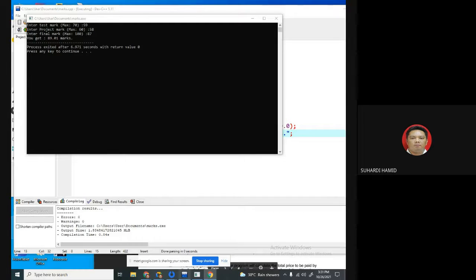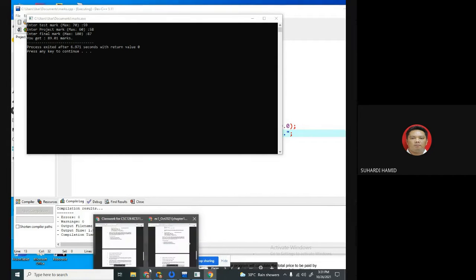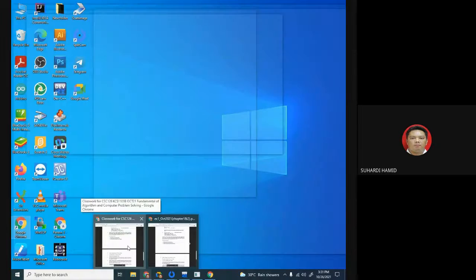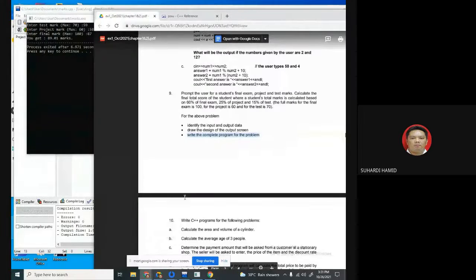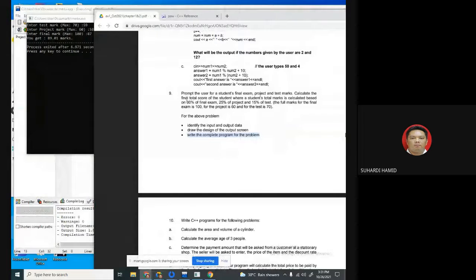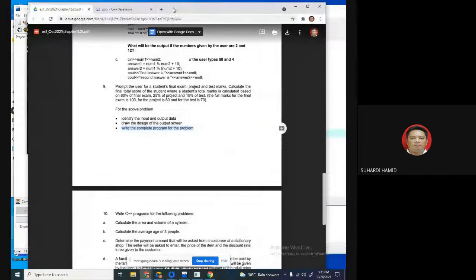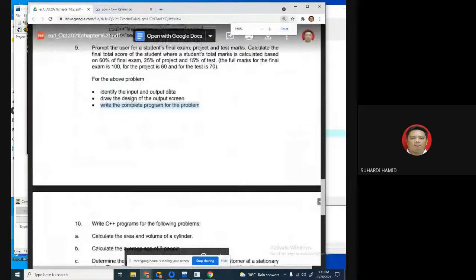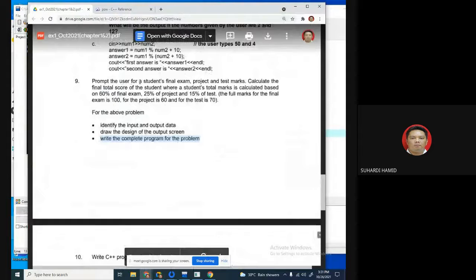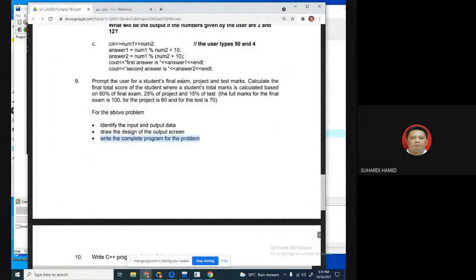I'm not showing you that just yet, but let's have a look at the question. Now try to understand the question. Let's have a look at the question together. Take from the user a student's final exam, project, and test marks.